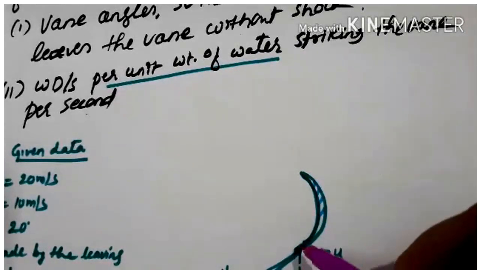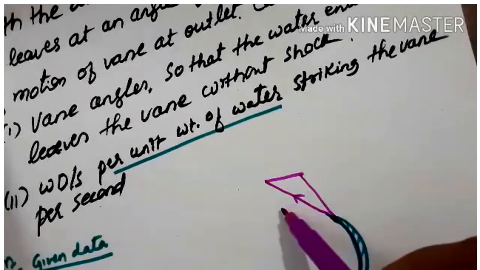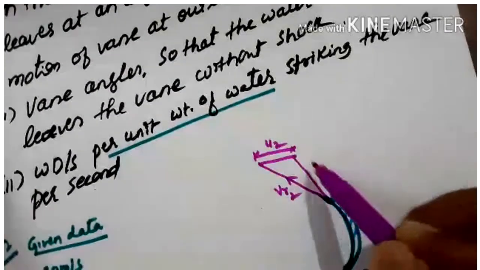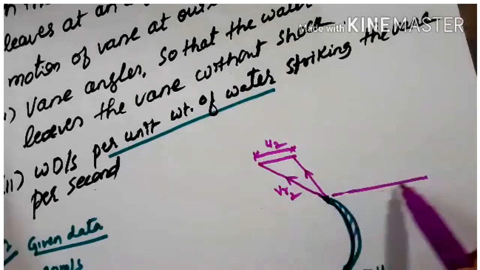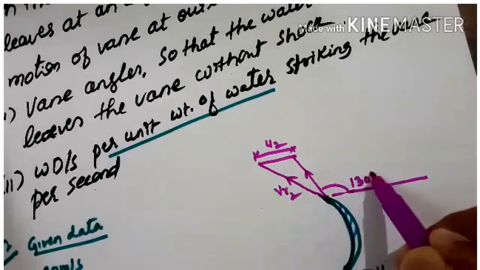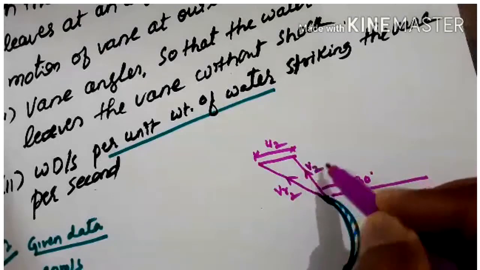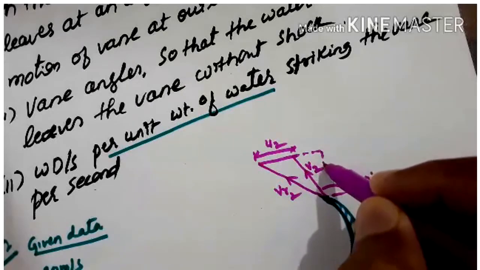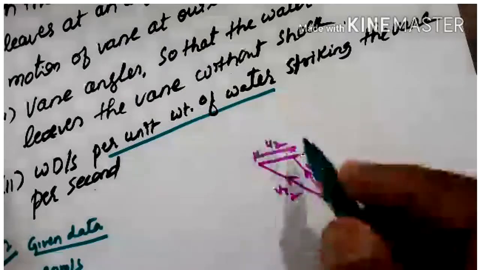This is VR2, this is U2, and this one is V2, with the horizontal, and this angle is given as 130 degrees.